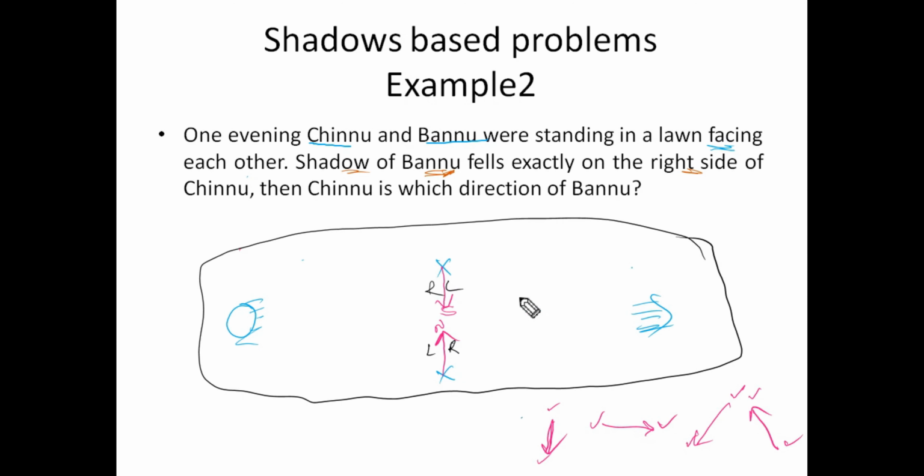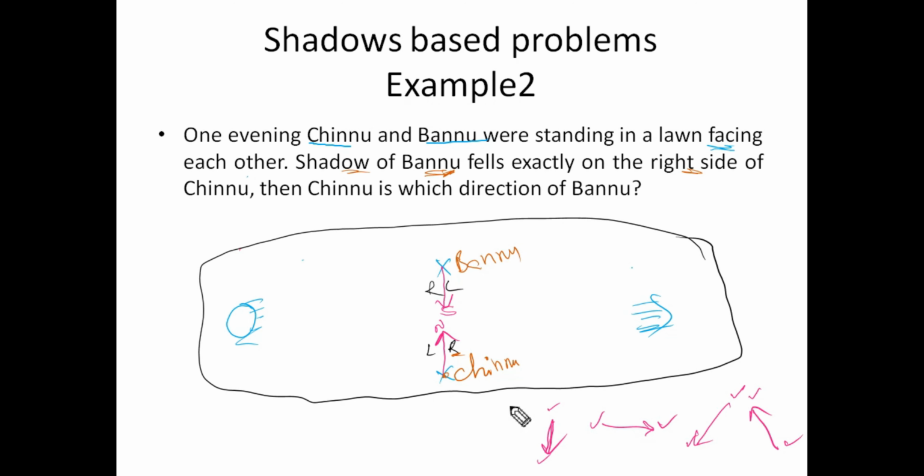So for which person is the shadow on the right? Among these two persons, for this person it is the right side, and for this person it is the left side. So Chinnu's right side is where the shadow is. So assign that person's name as Chinnu, because the shadow is on the right side. Automatically the opposite person will be Bannu.